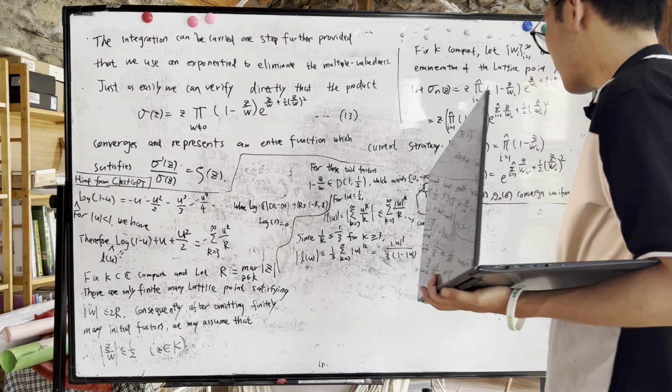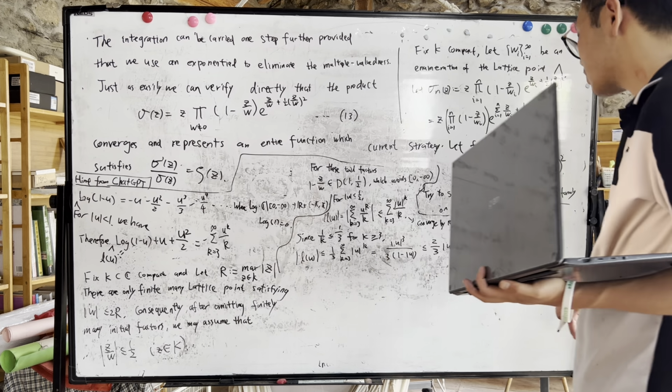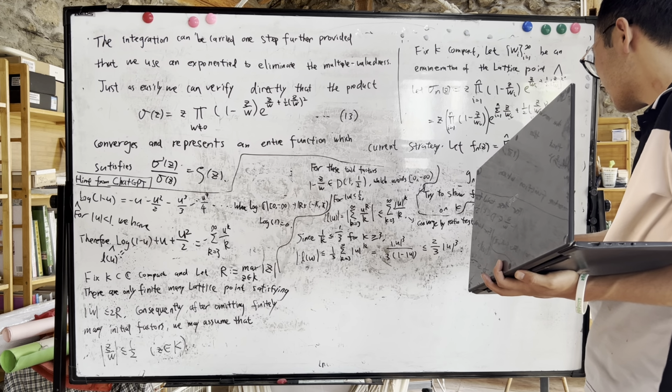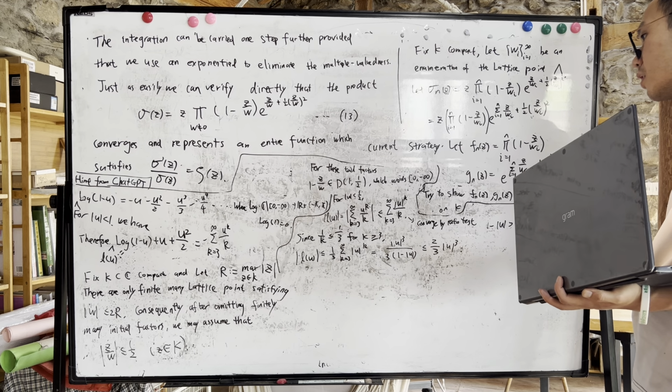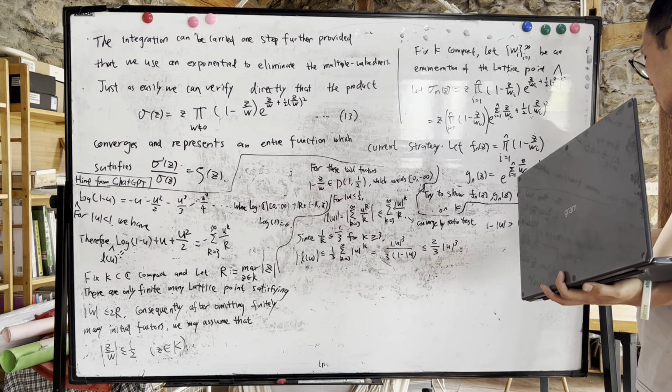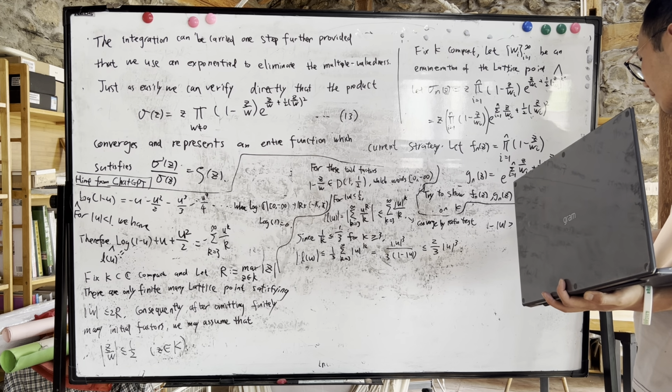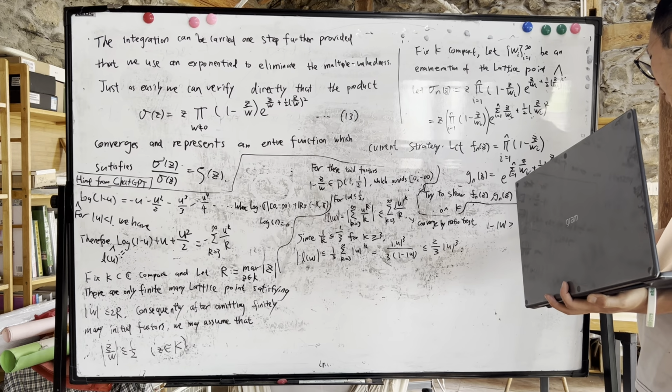So therefore 1 minus modulus u is, let's say, strictly bigger than 1 minus 1/2, which is equal to 1/2.